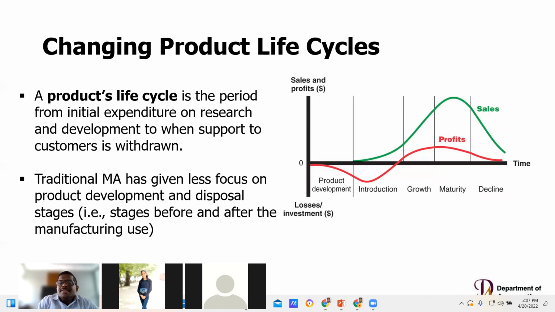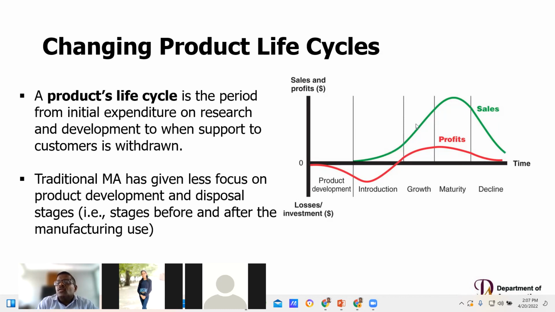So this is the place research and development takes place in product development. Then of course introduction, you commercialize the product, you introduce the product to the market. You see that when you introduce the product, your sales increase over time. So your sales increase, that is the introduction phase.